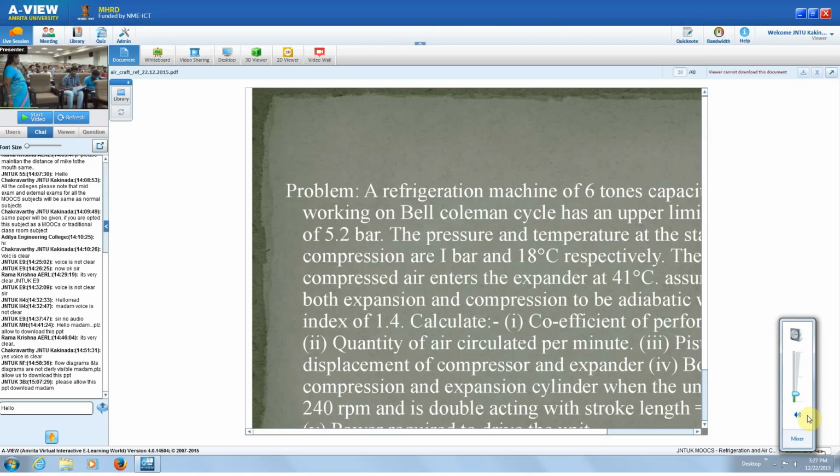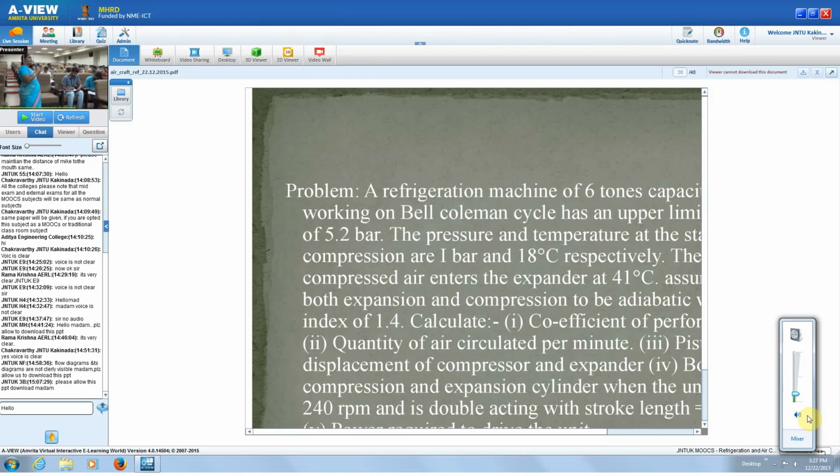So I am again repeating the problem. A refrigeration machine of 6 tons capacity working on the Bell-Coleman cycle has an upper limit of 5.2 bar. The pressure and temperature at the suction of the compressor, that is at 1, the inlet of the compressor, the pressure is given as 1 bar and temperature is given as 18 degrees centigrade.